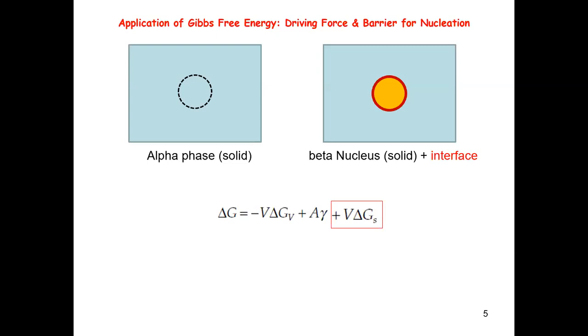This manifests as a bulk strain energy, and it serves as another barrier for the nucleus because you increase the energy of the system in this case. So you have a plus of this, and it's proportional to the volume because strain energy is a kind of volume energy density. That is one distinction between solid nucleation and solid-liquid nucleation.